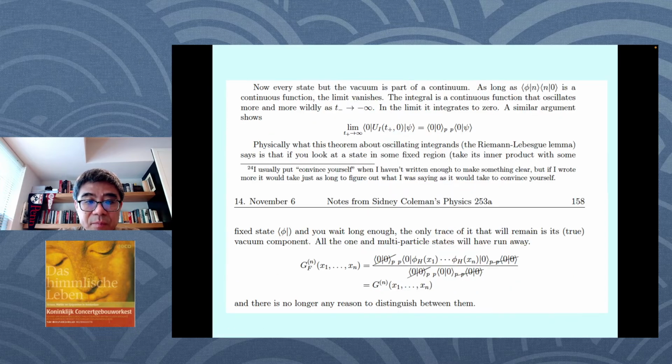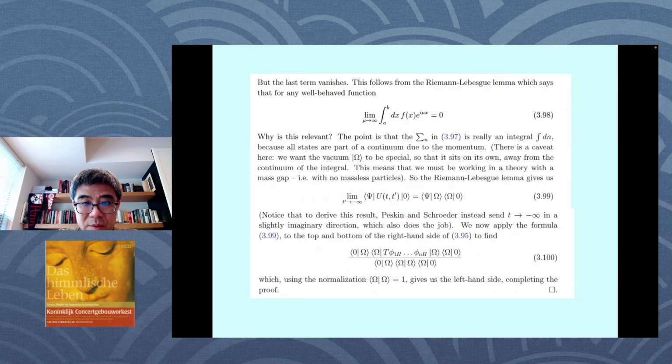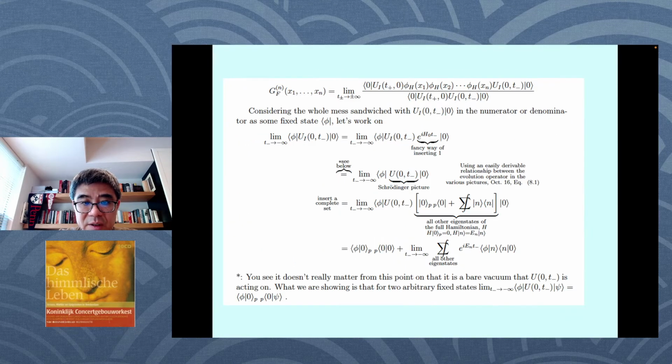So that means when t minus goes to infinity, you only need to consider, you can sandwich here a 0p and p0, okay?